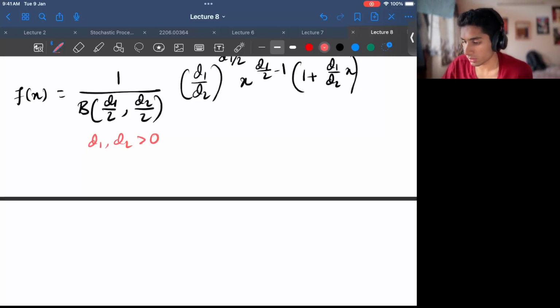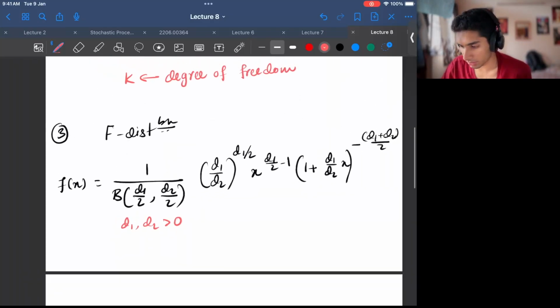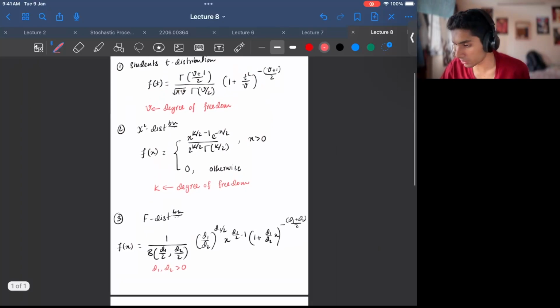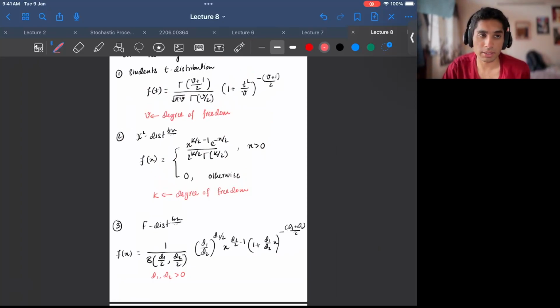Maybe I will explain what d1 and d2 are in more detail, but these are the three distributions that are the most important for us in the weeks to come, right? Because all the tests that will be taught will be based on these distributions.